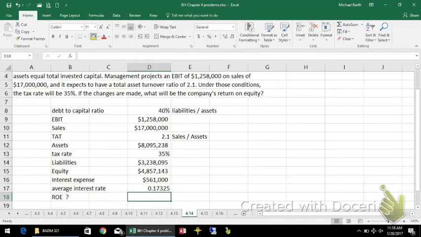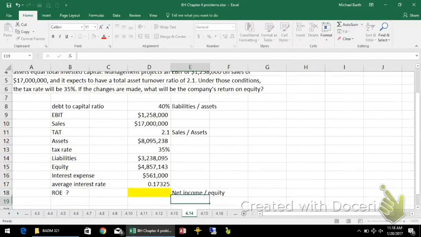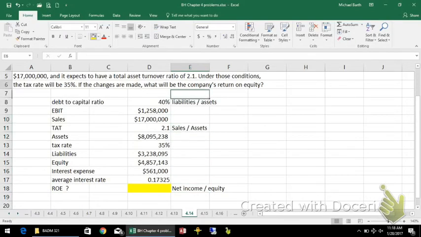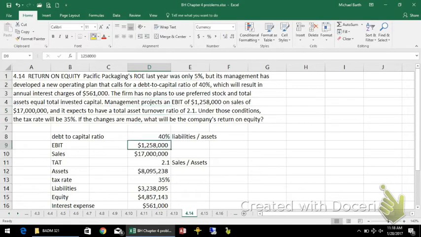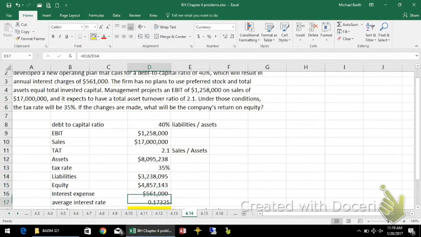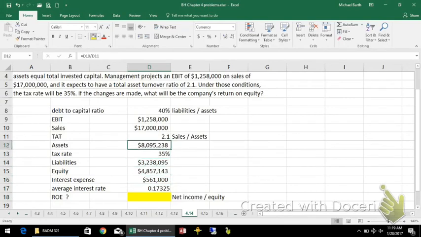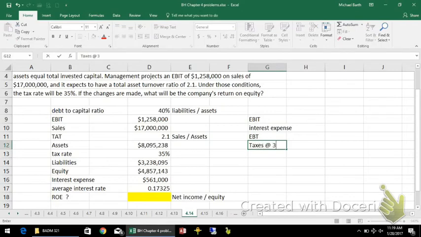And ROE would be net income divided by equity. Well, I don't have net income up here, but I do have some other pieces. I can actually go over here and start with EBIT minus interest expense, which would give me taxable income, minus taxes at 35%, which will give me net income.